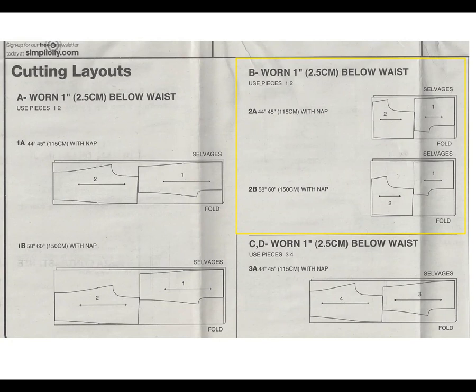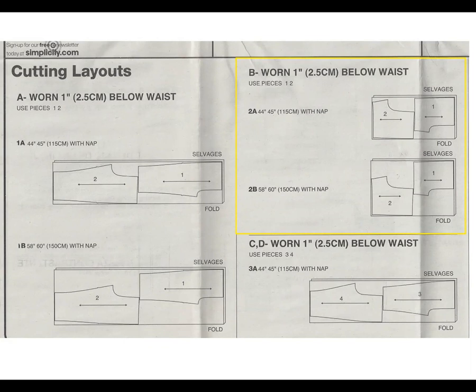They will also have instructions if you're working with fabric that does not have a nap, meaning that maybe it has strawberries on it and the strawberries go in all directions and it doesn't matter what's top and bottom. If you have a fabric that doesn't matter what top and bottom is, then you can turn your pattern different directions for up and down. And it won't matter.